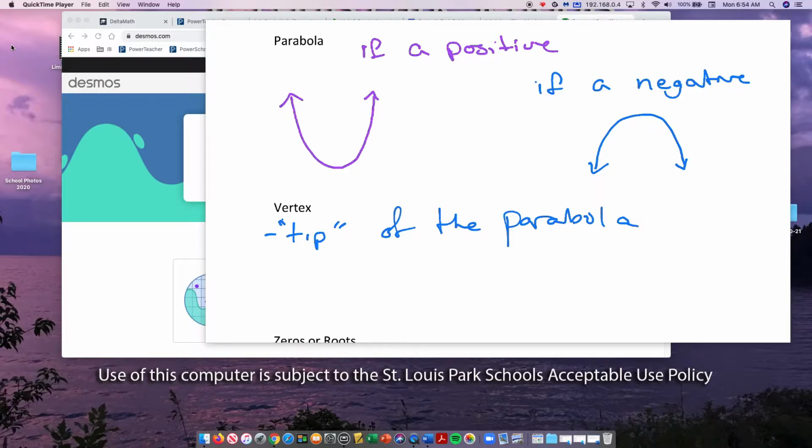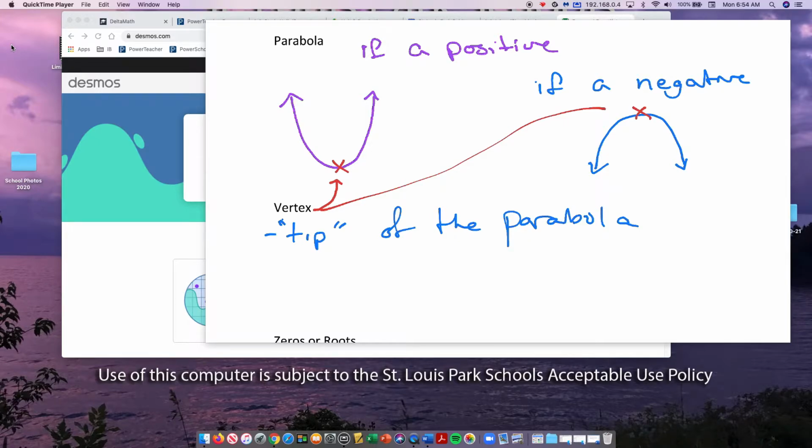If a is negative, then it's that maximum of the parabola. So if we were to say, where is the vertex? The vertex on this one would be right here. The vertex on this one would be right there.